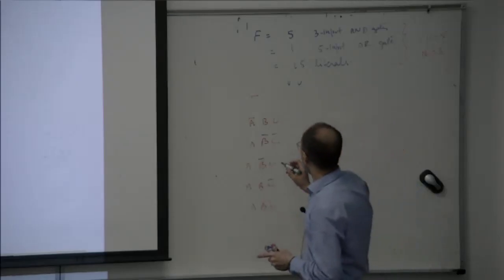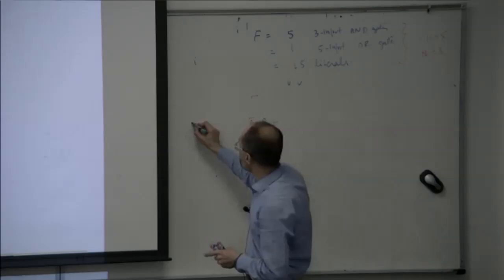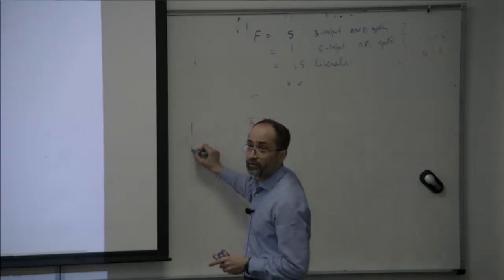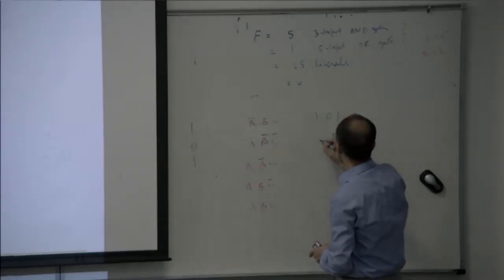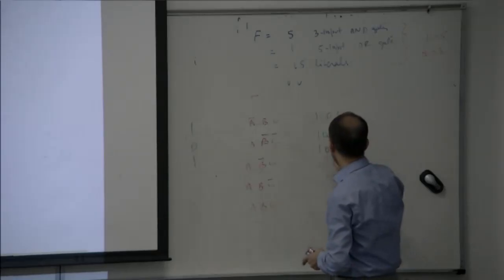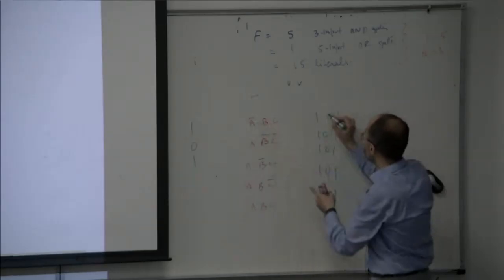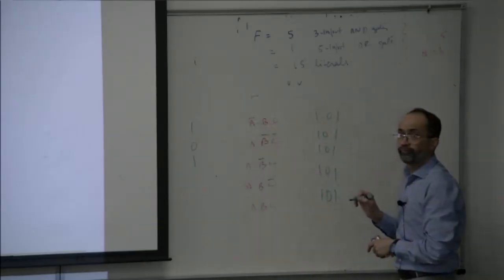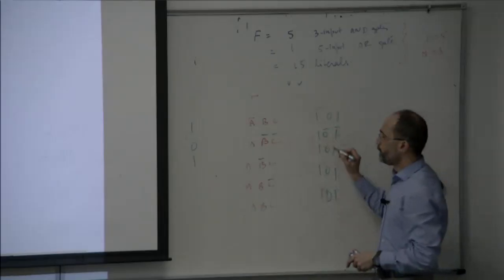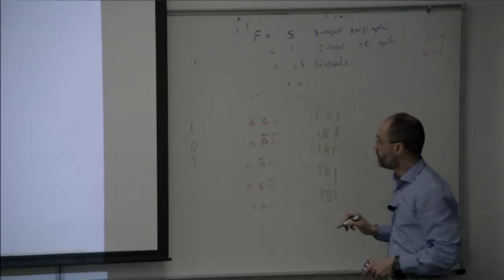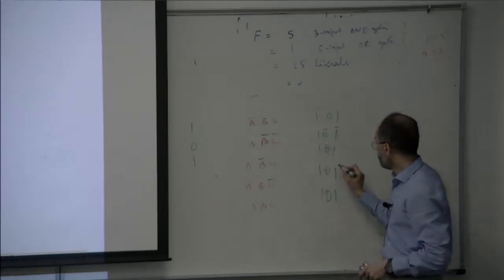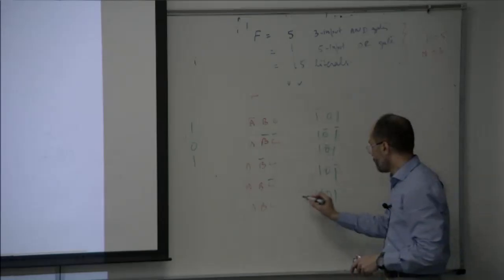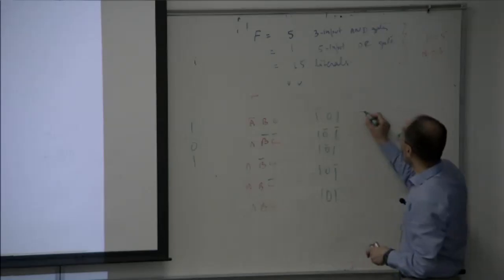A B C. Now let's assume the input combination is 1 0 1. Then A bar B C, then A B bar C bar, then this one, then C bar, and then A B C. What will be the output for this?